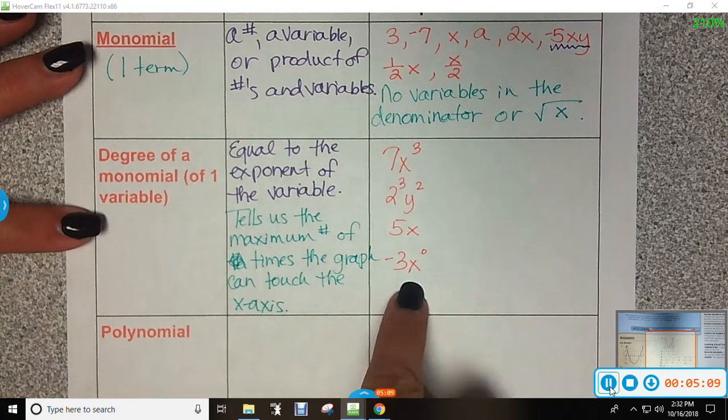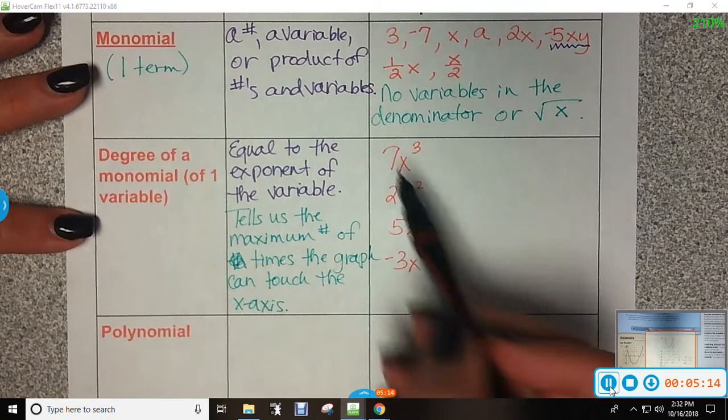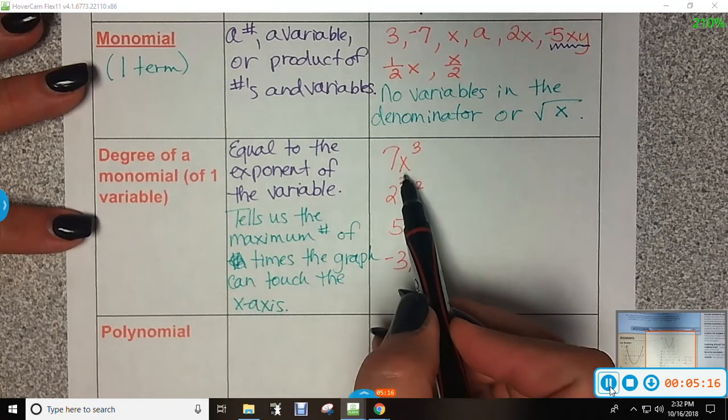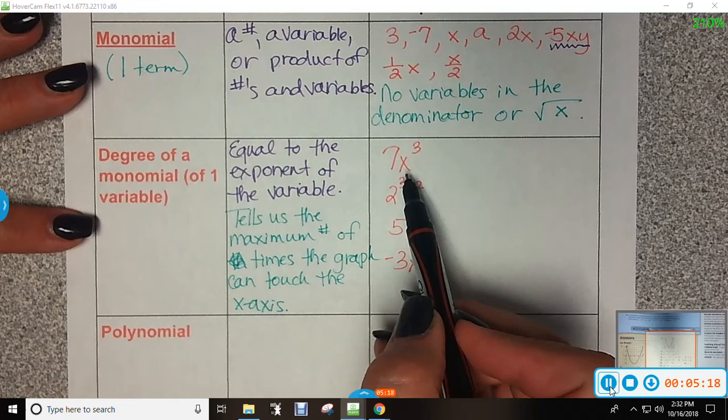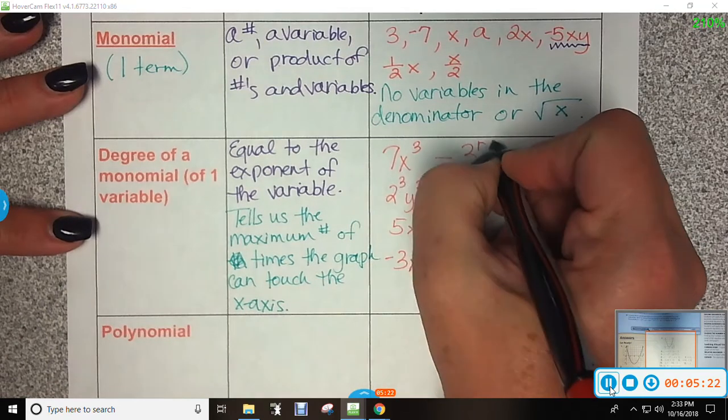Examples out here. We need to figure out what the degree for each of those is. So for 7x cubed, what is the exponent for that variable? 3, so that is a third degree.